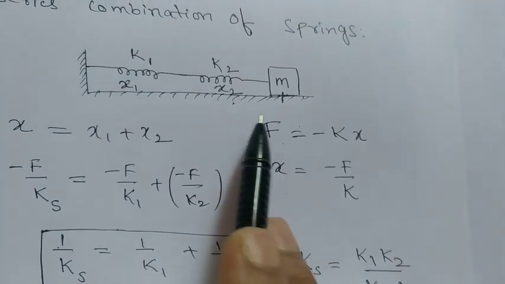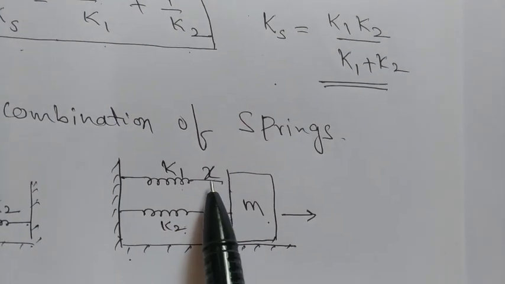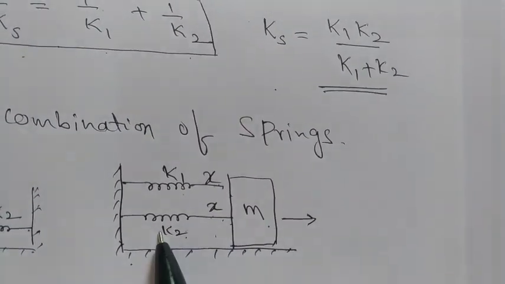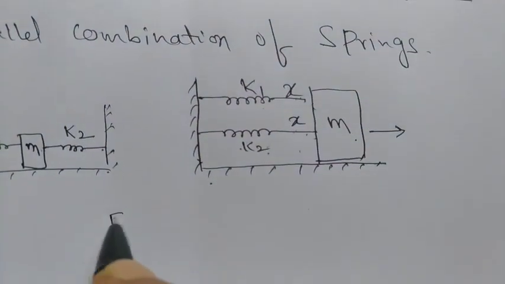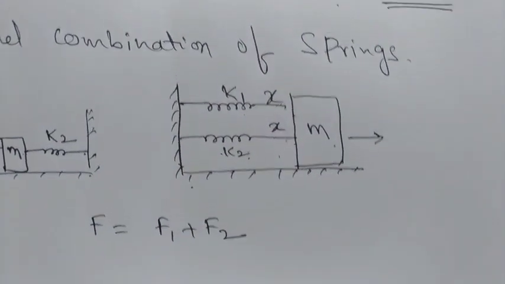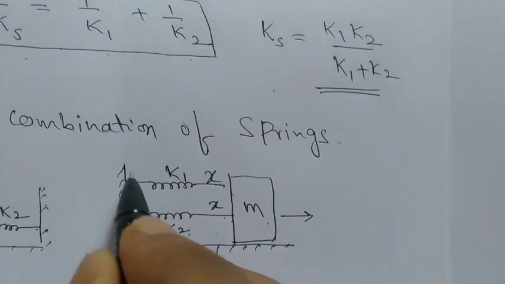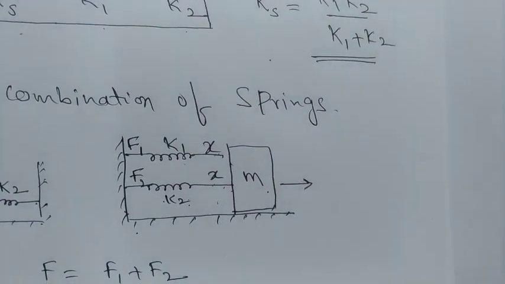In series combination the restoring force is constant, but in the parallel combination the restoring forces are different, while the extension developed in the two springs is the same. So the total force can be written as F = F1 + F2, where F1 is the restoring force in the first spring and F2 is the restoring force in the second spring.